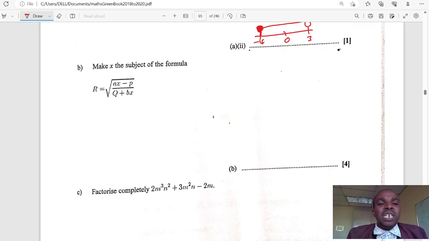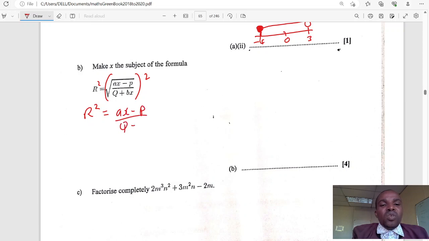Next, make x the subject of the formula. If there was something outside the square root, you would have to get rid of it first, but in this case, nothing. You just have to get rid of the square root right away. How? You square both sides. So you square this side, you square this side, such that it will be r squared equals ax minus p over q plus bx.